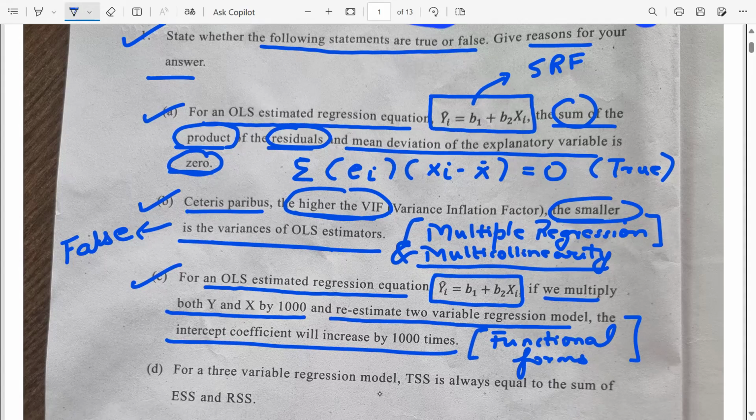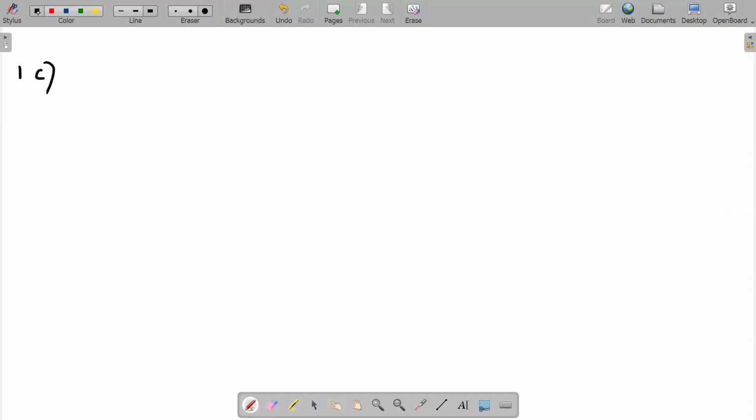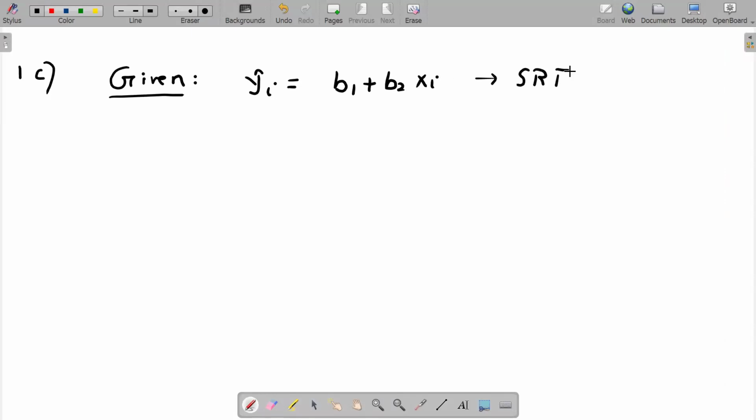So let me come to the whiteboard to solve this. This is question 1 part C. We are given that yi hat is equal to b1 plus b2 xi. We are given this sample regression function.